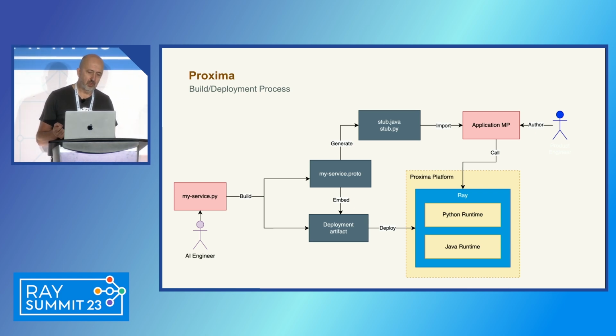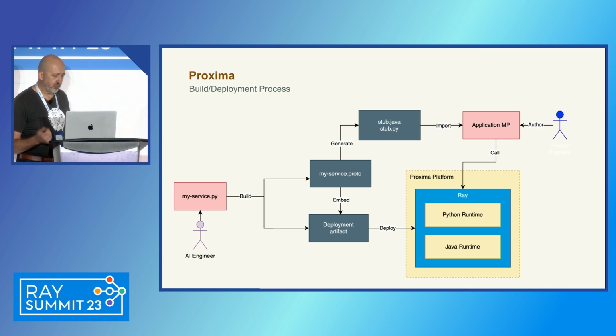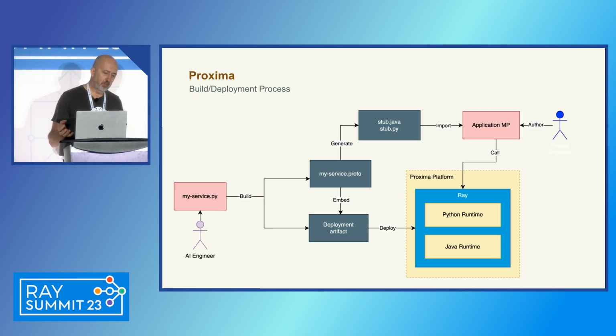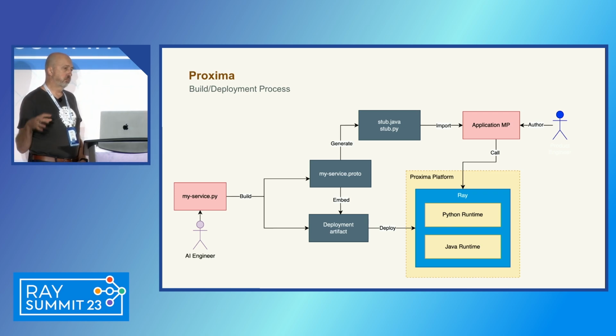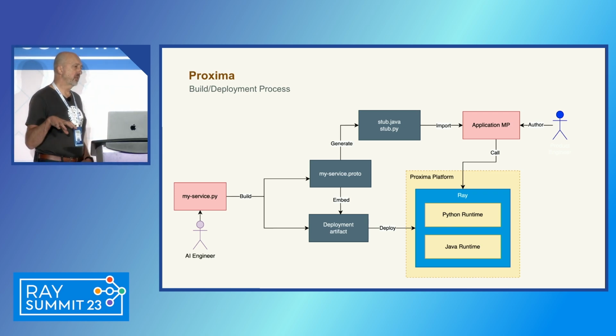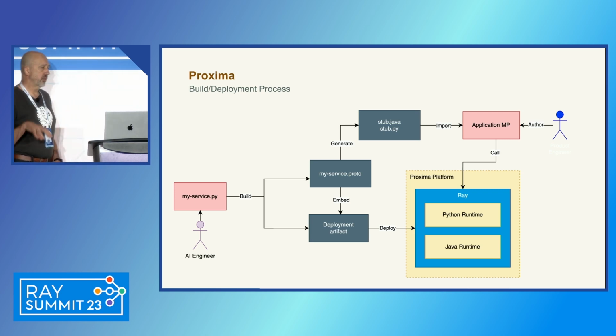Or it could be a Python runtime. So that's one thing we're creating during the build. The other part is kind of straightforward. It is a gRPC proto file that represents the service.